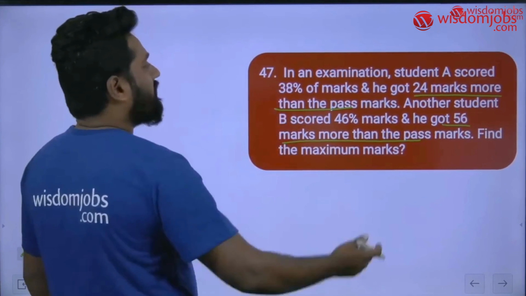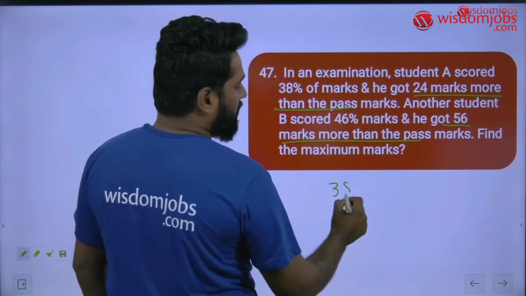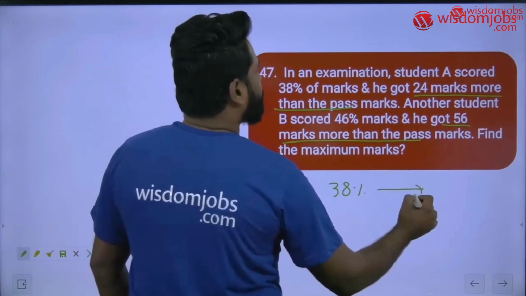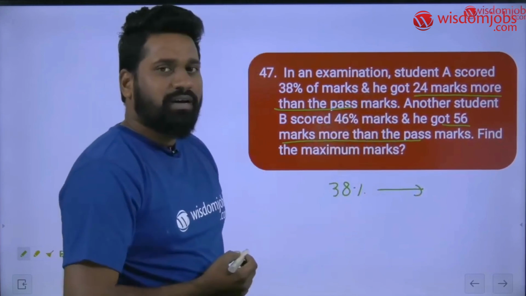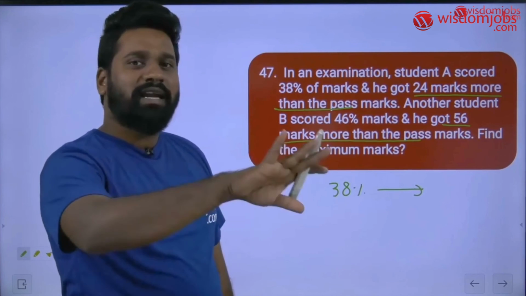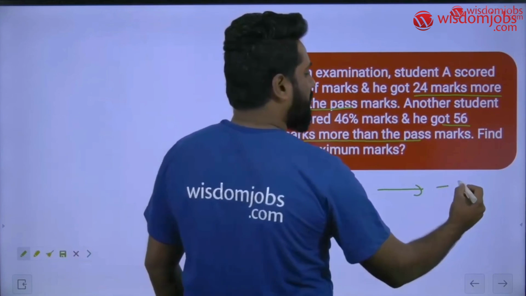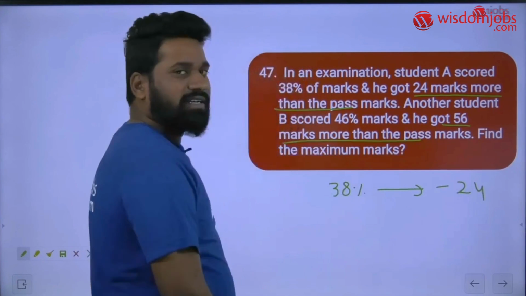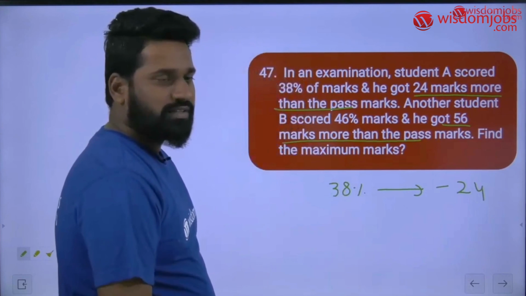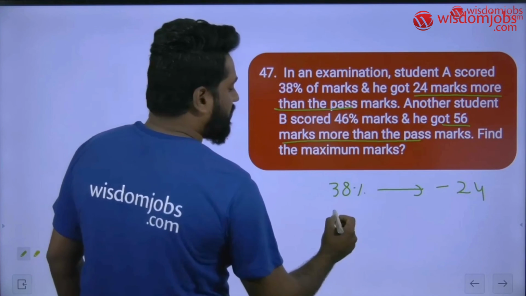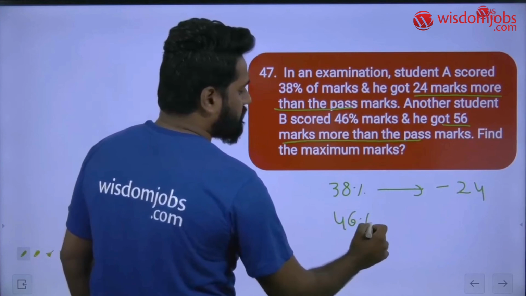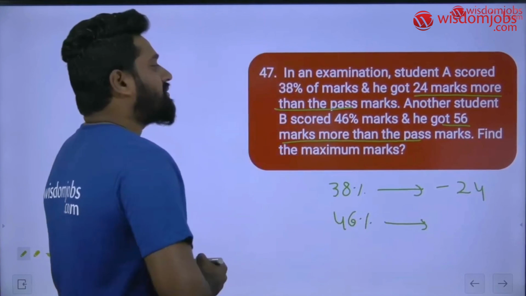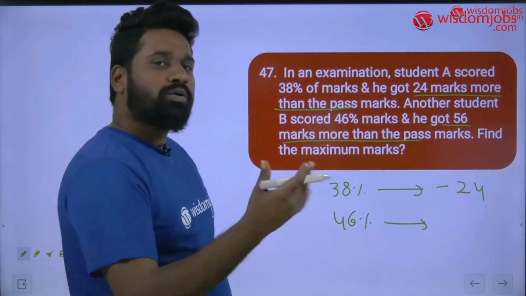Let us see that. First, 38% of the marks, and he got 24 marks more than the pass. Now I am subtracting those 24. Minus 24, then that represents the pass marks of the examination. So here also I got 46% of the marks and he got 56 marks more than the pass.